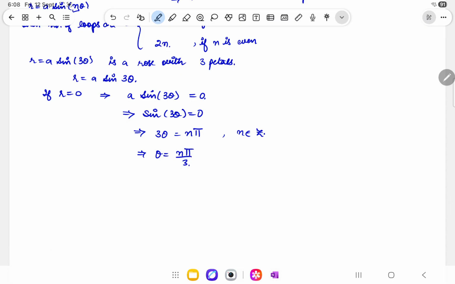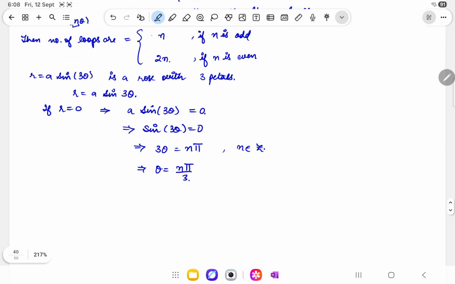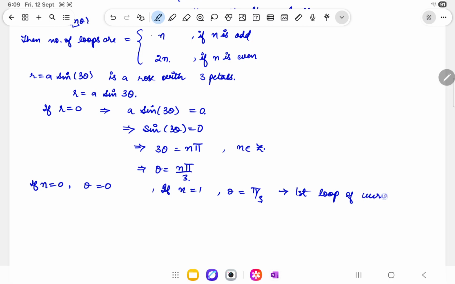Now I can vary the value of n to see at what values between 0 to 2 pi my r approaches 0. If n is 0, theta is 0, and if n is 1, theta is pi by 3. So my first loop of the curve lies between 0 and pi by 3.